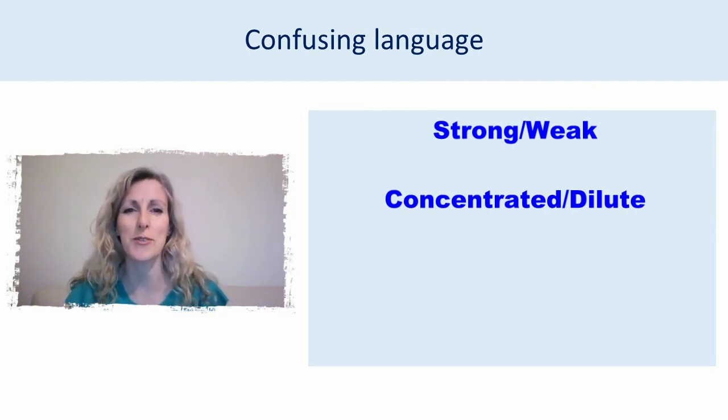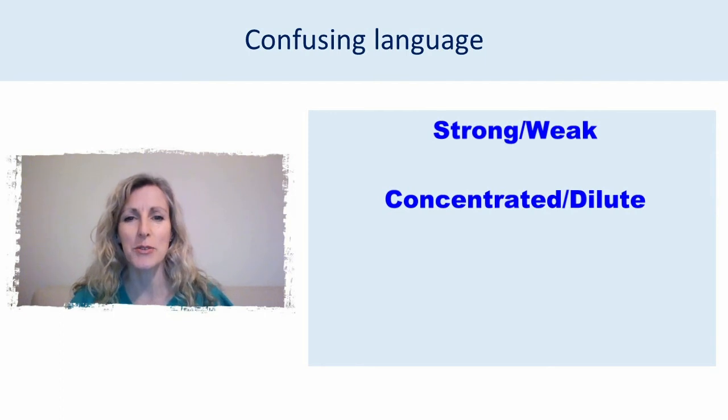How often have you heard someone ask for a weak cup of tea or a strong cup of coffee when they really mean more or less concentrated? So it's important to be clear in the early stages about not using the word strong or stronger because they mean something different in this context of acids and alkalis, and there are simple alternatives.